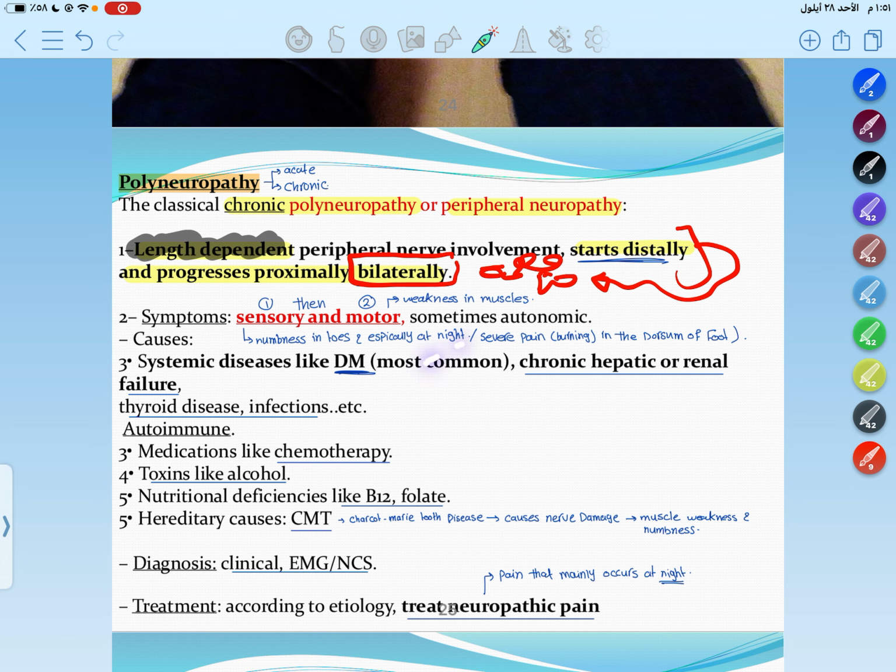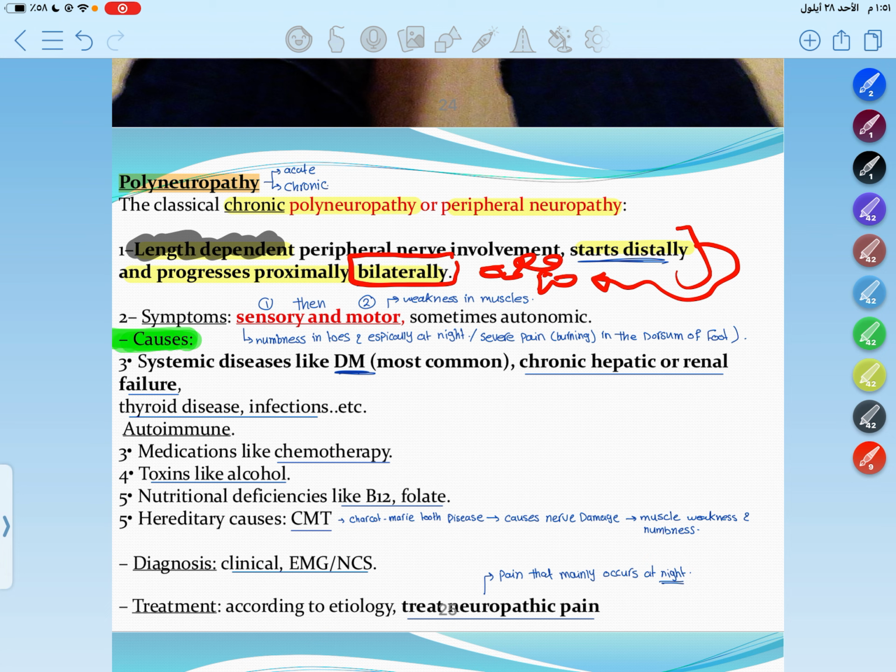Now there are certain predisposing factors like diabetes, very common, but also certain organ failure like hepatic failure or renal failure, thyroid disease, or autoimmune processes. Certain medications like chemotherapy can lead to polyneuropathy, or certain toxins and alcohol.